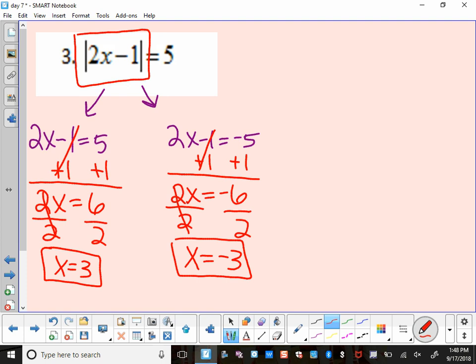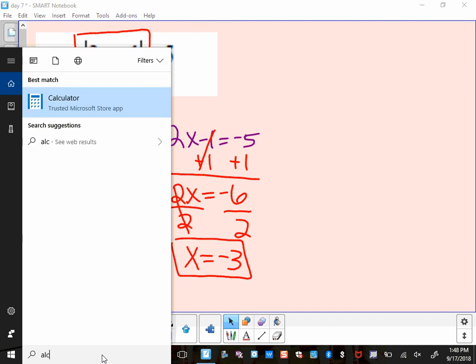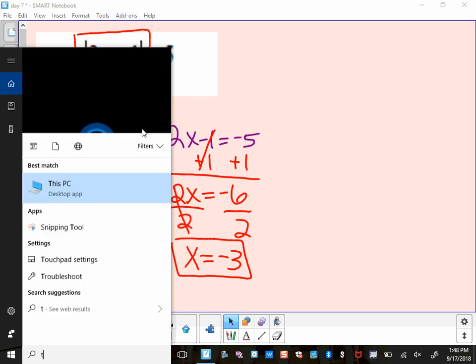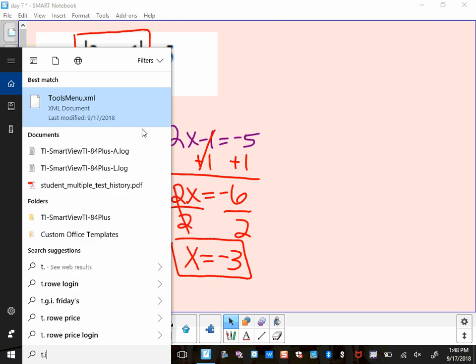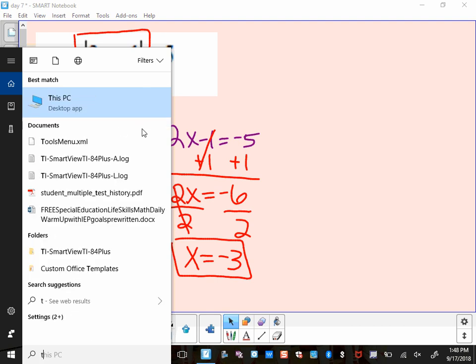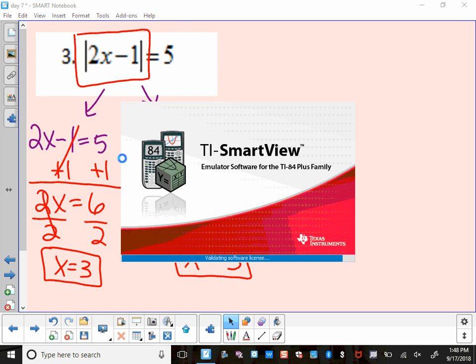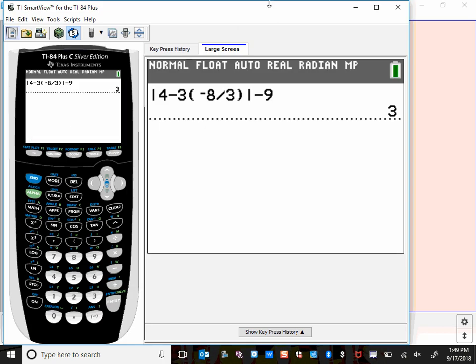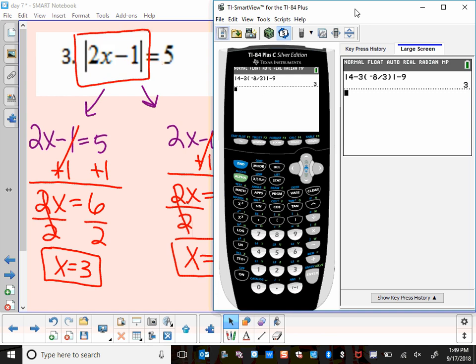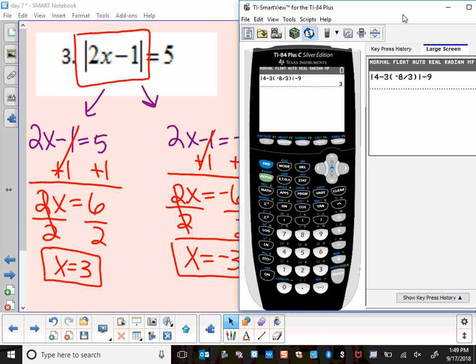Negative 3. I'll show you guys how to check this on your calculators too. If you need one, go ahead and grab one. While I bring mine up. All right, so let's take a look.